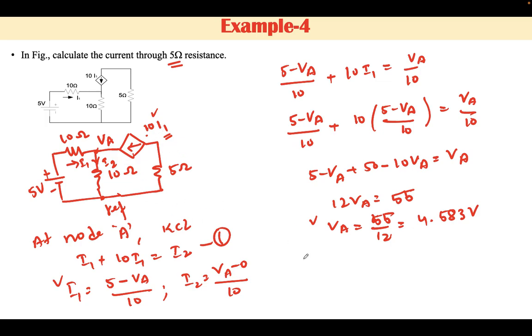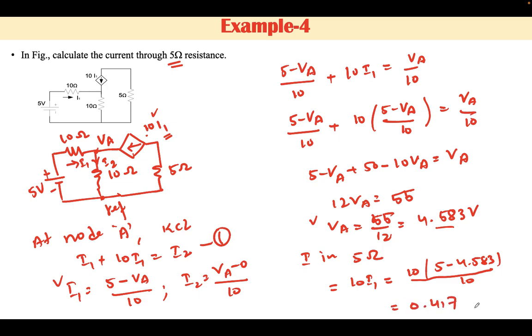Therefore, the current in 5 ohm is given by 10 I1, which is equal to 10 into I1, that is (5 minus VA), VA is 4.583, divided by 10, and this is equal to 0.417 ampere. That is the answer.